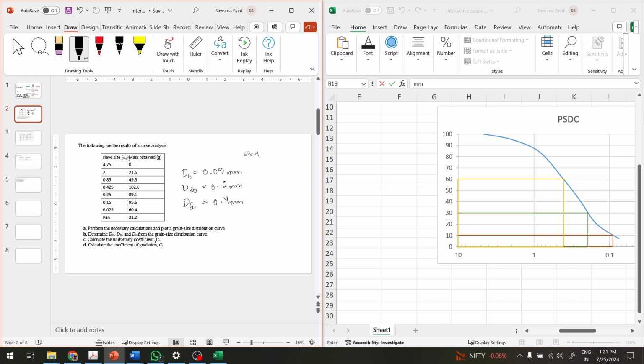So now let us calculate the CU and the CC.